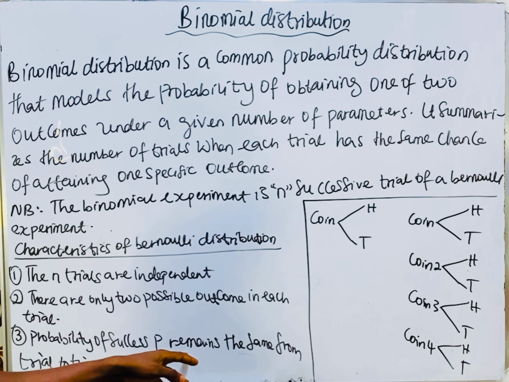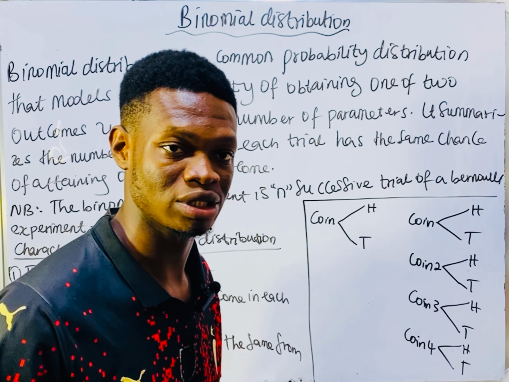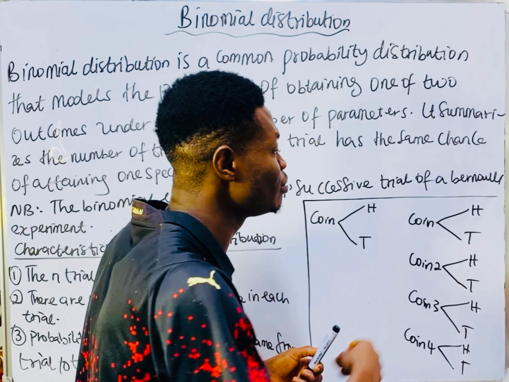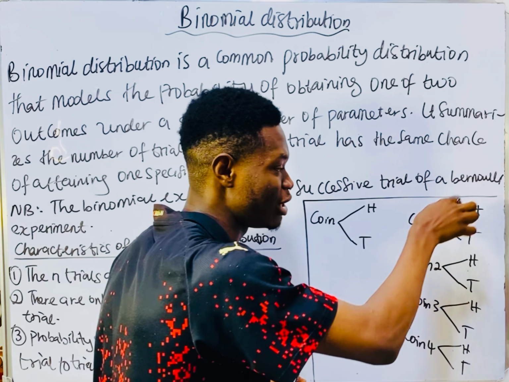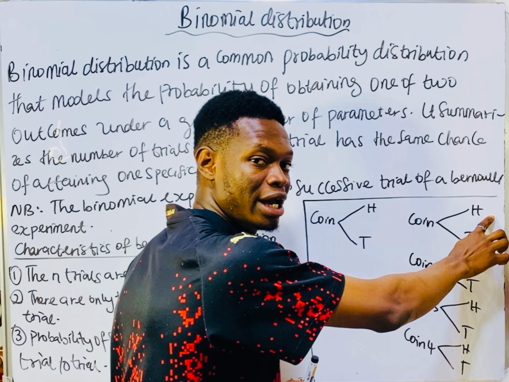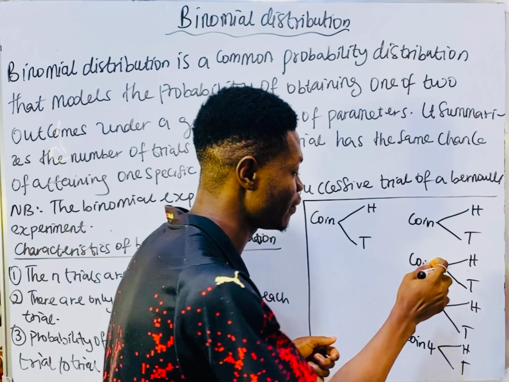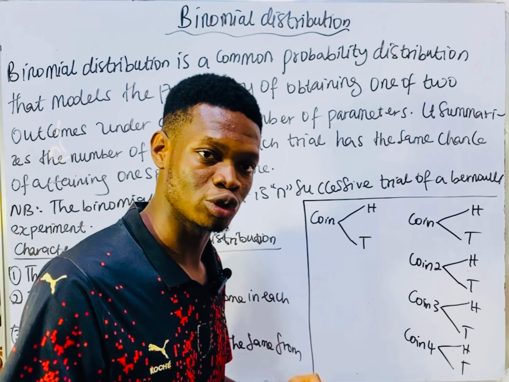The probability of success remains the same from trial to trial. Now, for example, I will say that my head is success. Whenever I get head, it is success. So the probability of success remains the same. If I flip this second coin and I get head, that is P, success.